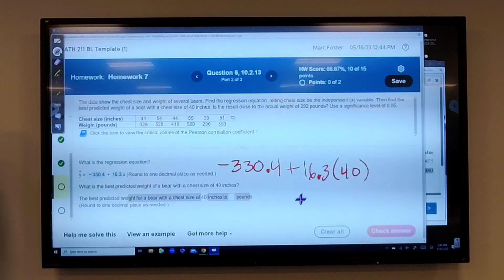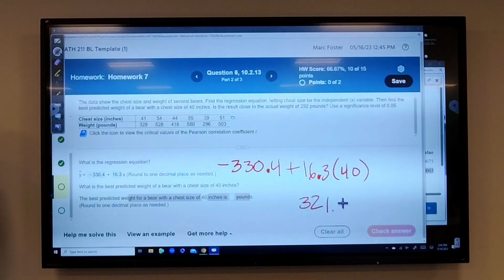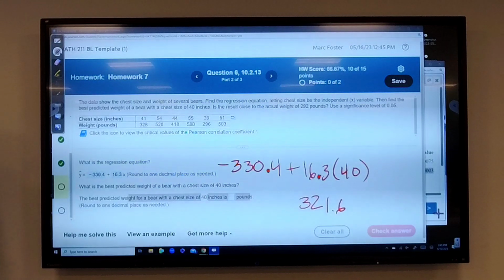My prediction is that it would be 321.6 pounds.